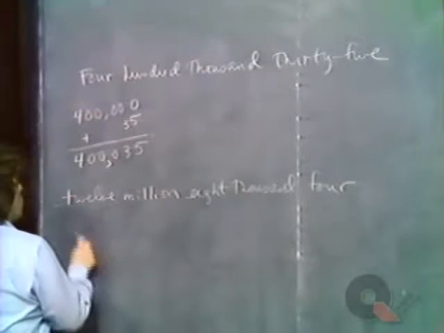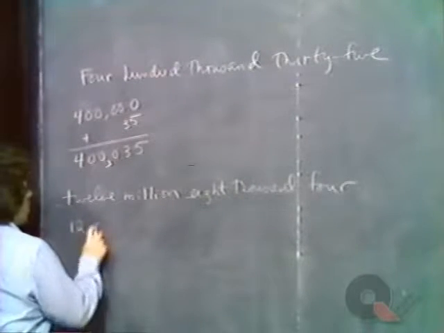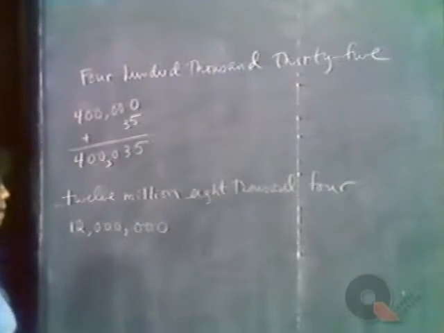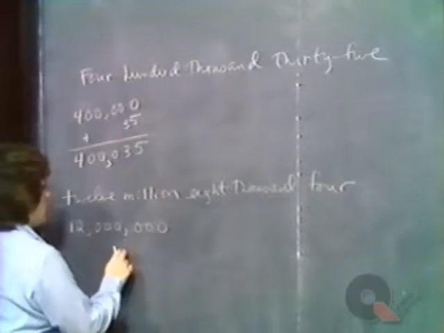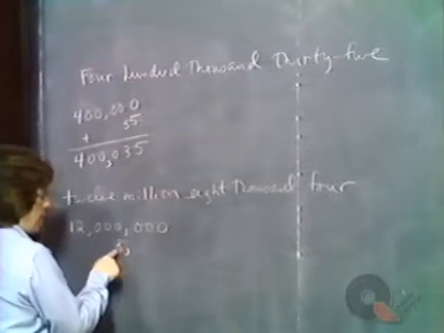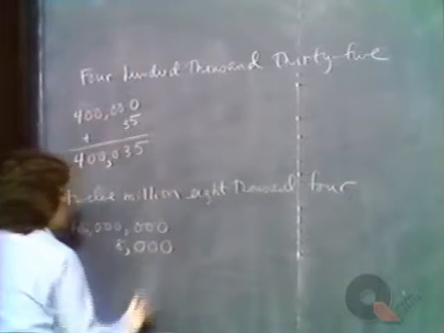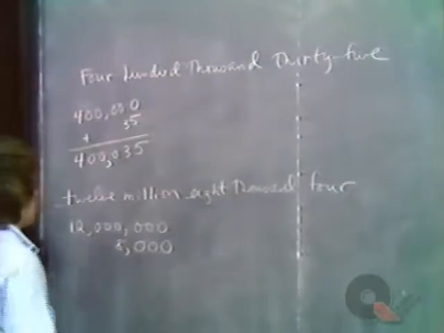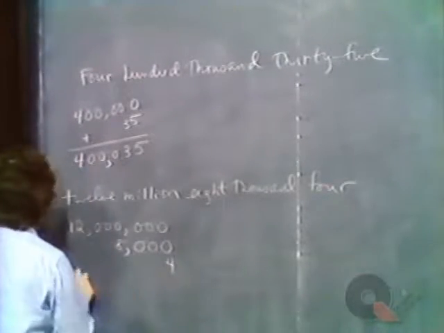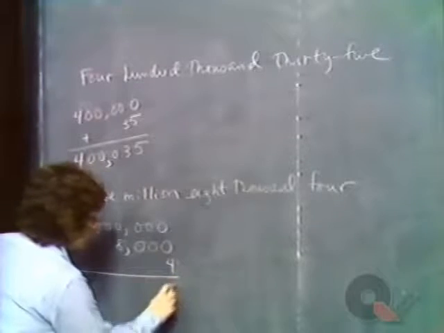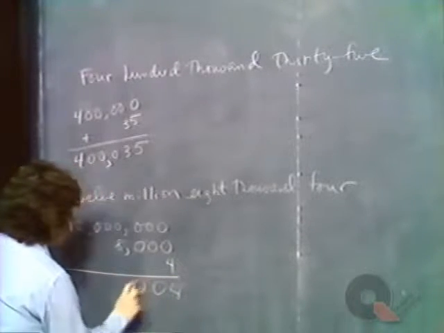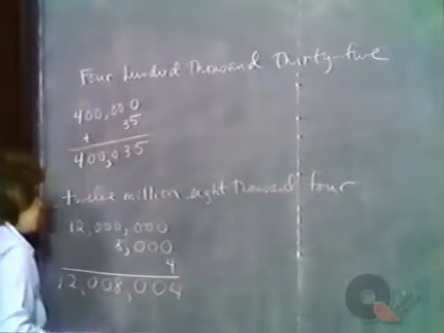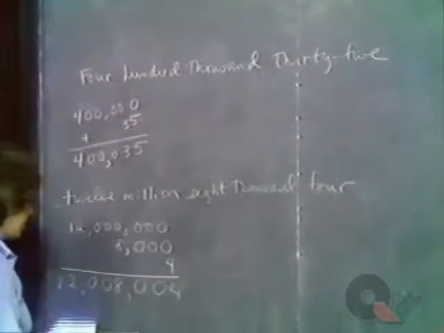That would be 12 million, 12 followed by 6 zeros, 12 million plus 8,000, and 8 in the thousands place, followed by the 3 zeros, 12 million, 8,000 plus 4 in the ones place. Adding up, we get 12,008,004. 12 million, 8,000, 4.